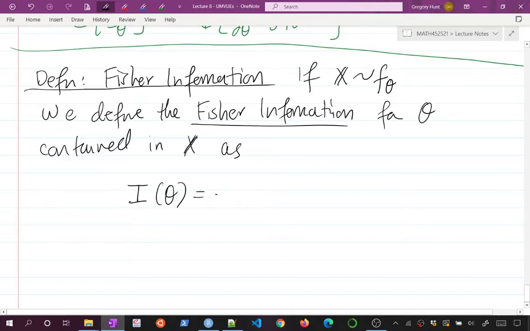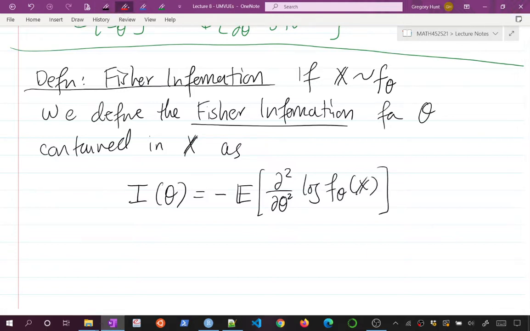It is going to be the negative of the expected value of the second derivative with respect to theta of the log of this PDF evaluated at x.